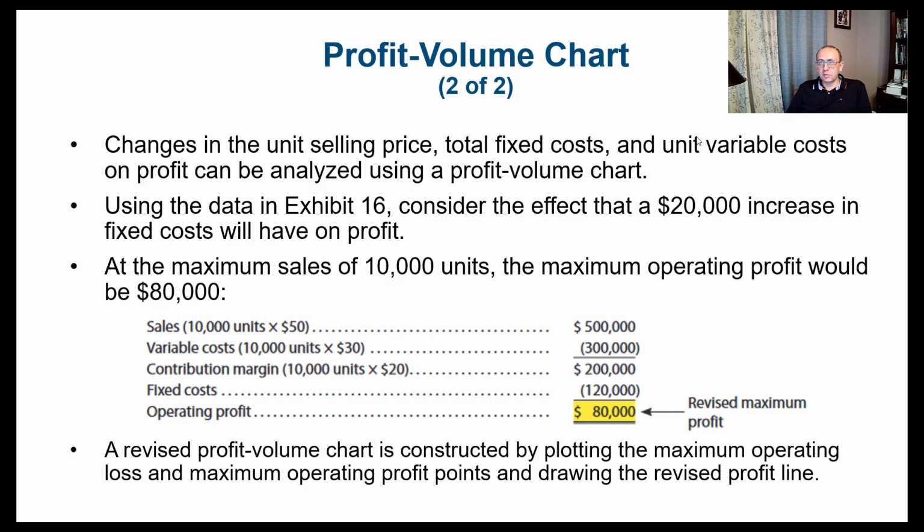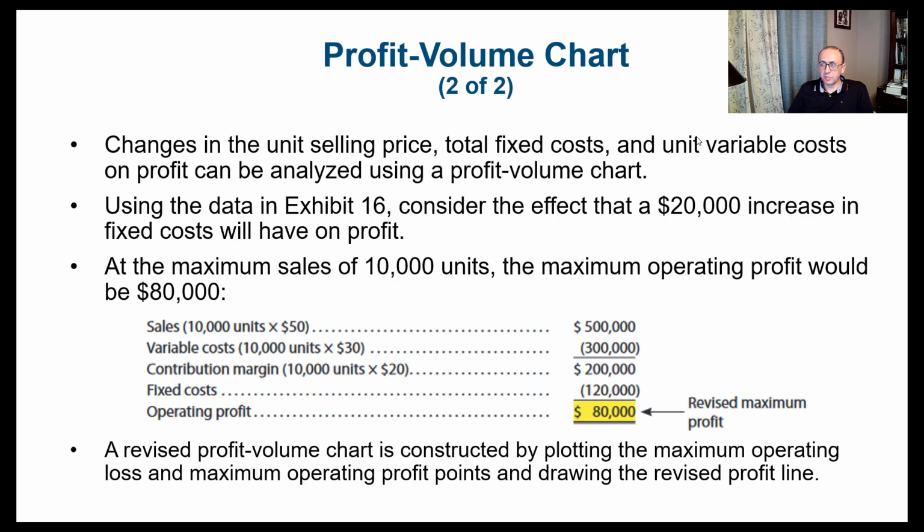Changes in the unit selling price, total fixed cost, and the unit variable cost on profit can be analyzed using a profit volume chart. So using the data in exhibit 16, which we've just covered, consider the effect that a $20,000 increase in fixed cost will have on profit. Of course, when we increase the cost, our profit will go down, especially when we increase the fixed cost.